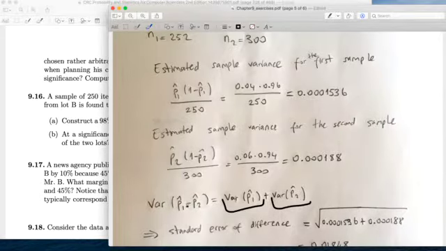Because this is like minus 1 times P2 hat, and the variance of minus x is equal to minus 1 squared times the variance of x. Minus 1 squared is equal to 1. Therefore, the variance of minus x is equal to the variance of x.